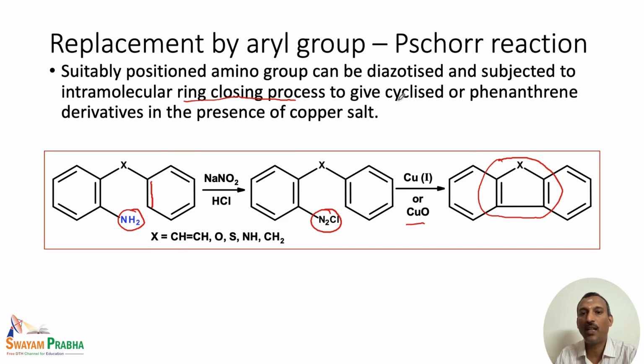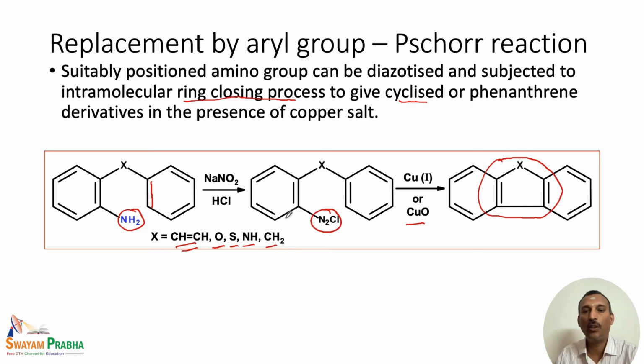or the cyclized derivative. So, the X can be CH double bond CH, it can be a simple aliphatic alkyl system, or it can be a heteroatom like oxygen, sulfur, nitrogen, etc., or it can also be a simple methylene unit.